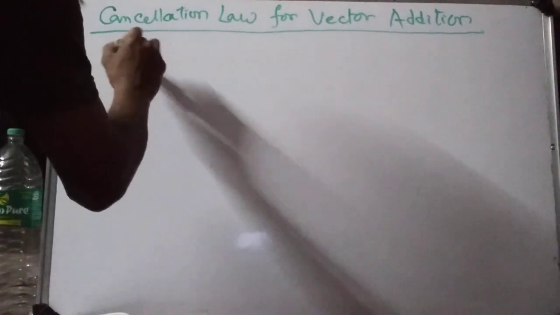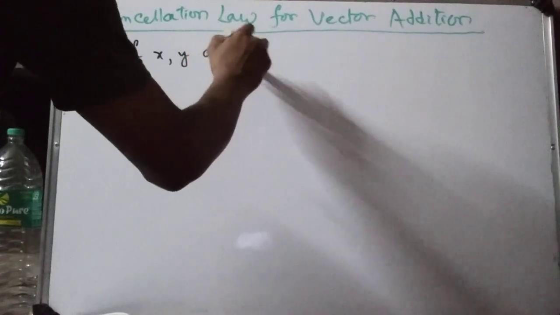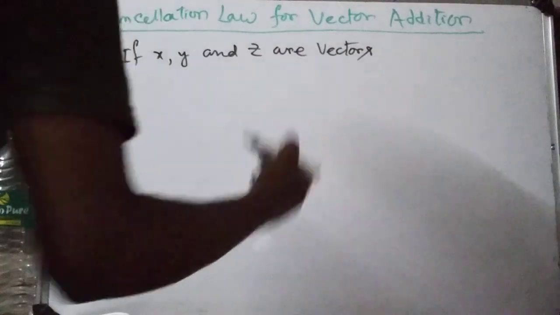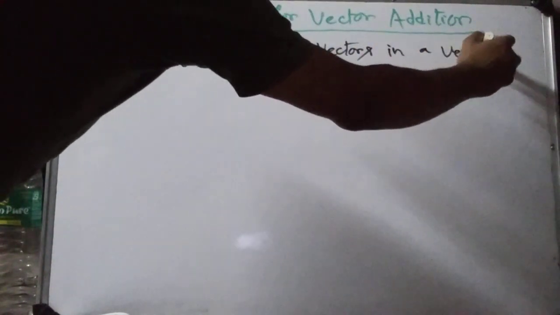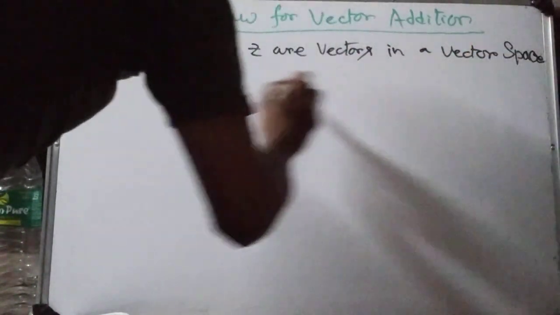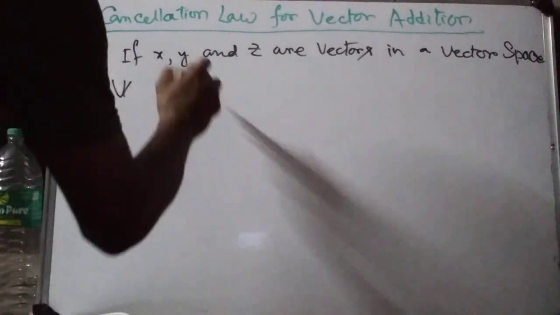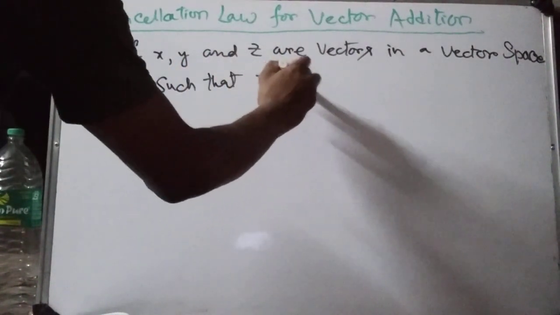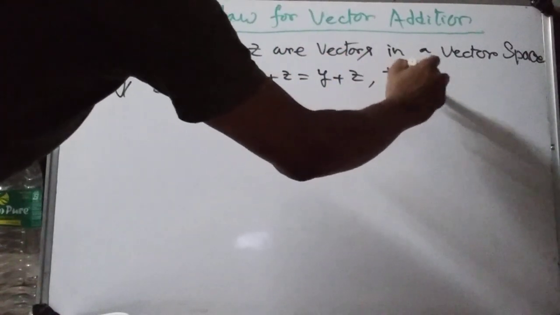If x, y and z are vectors in a vector space V such that x plus z equals y plus z, then what happens?